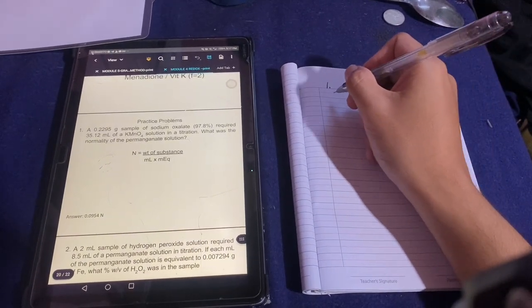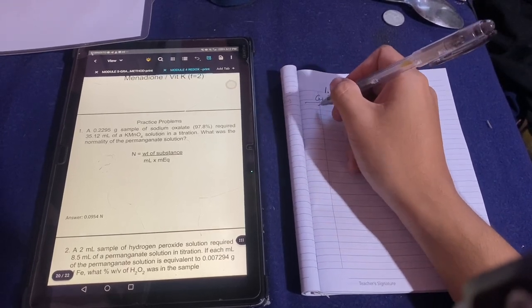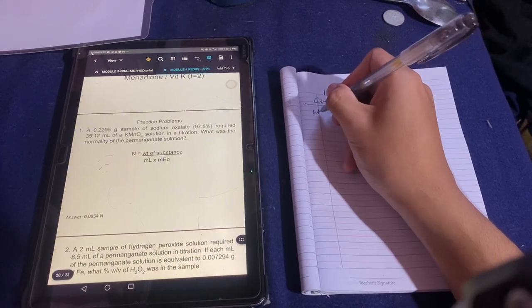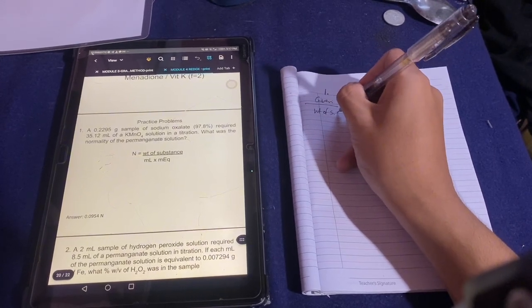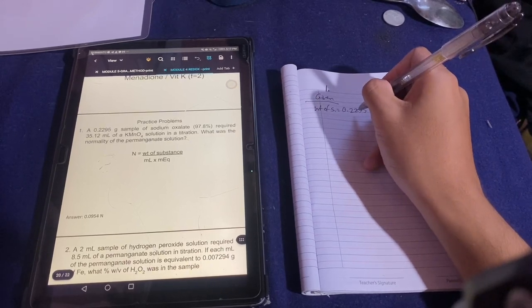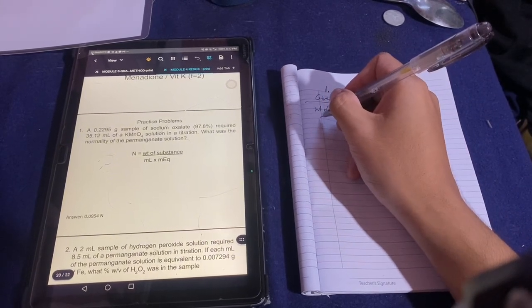So in order to calculate, let's write down the given first so it's easy and no hassle. The weight, which is in grams: weight of substance is equal to 0.2295, a sample of sodium oxalate. So the analyte is sodium oxalate.